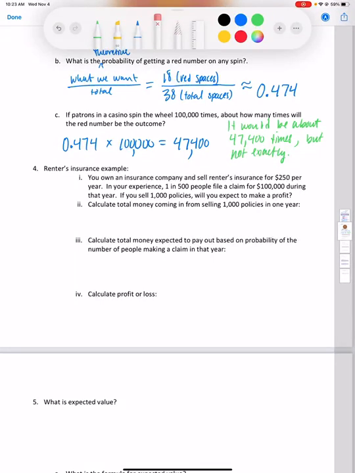Let's take another look at a different situation and see what probabilities help. Insurance is a big probability game. What's the probability that you will get sick and the insurance will have to pay money? That's health insurance. What's the probability that you'll get in a car wreck and the insurance company will have to pay out from their money stores? That's auto insurance. Renter's insurance is what a lot of us have that have apartments.